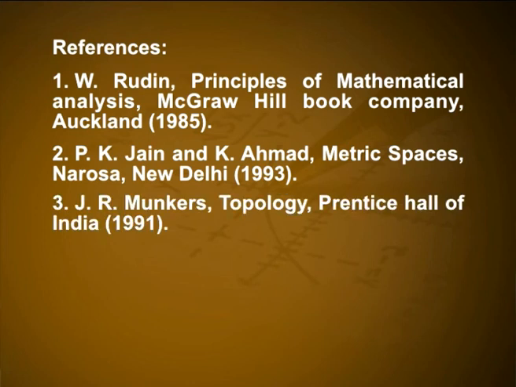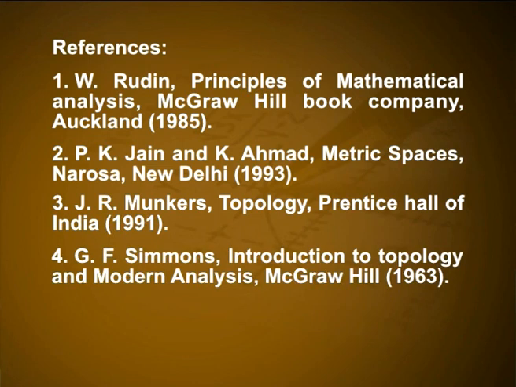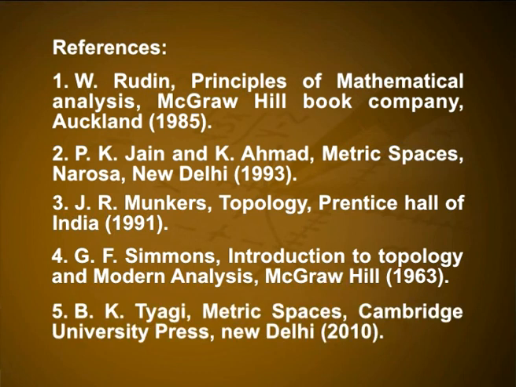Third one, Topology by J.R. Munkres, Prentice Hall of India, 1991. Fourth one, Introduction to Topology and Modern Analysis by G.F. Simmons, McGraw-Hill, 1963. And the fifth one, Metric Spaces by B.K. Tyagi, Cambridge University Press, New Delhi, 2010.